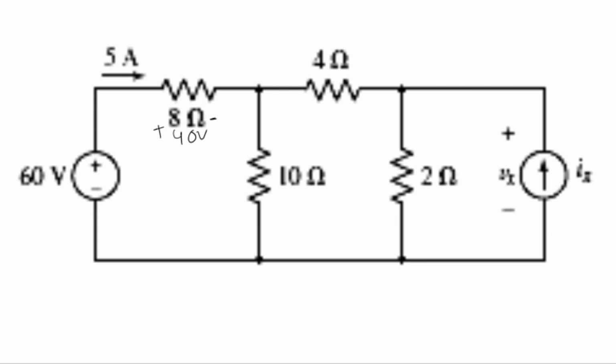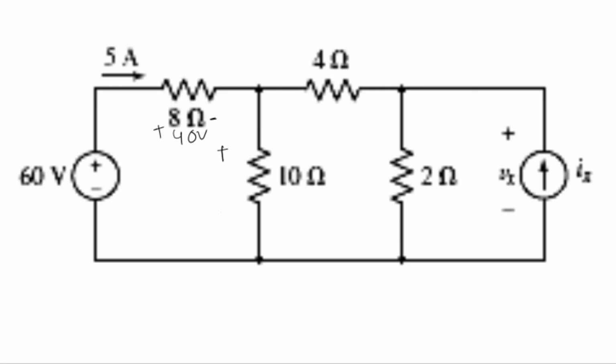Here the supply voltage is 60 volts and 40 volts is the voltage drop across the 8 ohms resistor. We already know that the sum of voltages in a closed loop is 0. Here 60 volts is the supply, the voltage drop is 40 volts, and the remaining 20 volts is the voltage drop across this 10 ohms resistor.